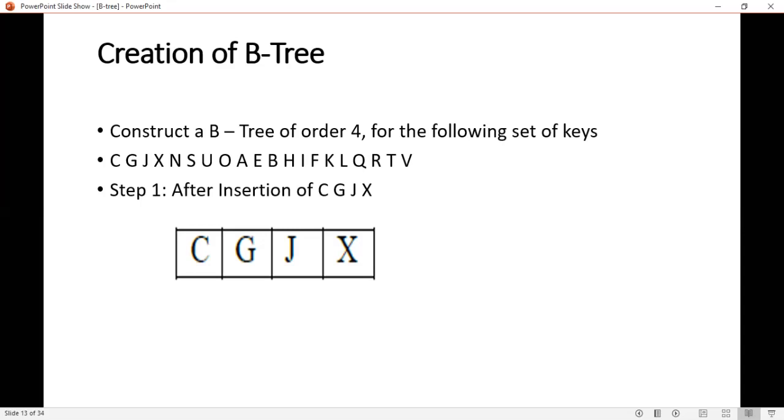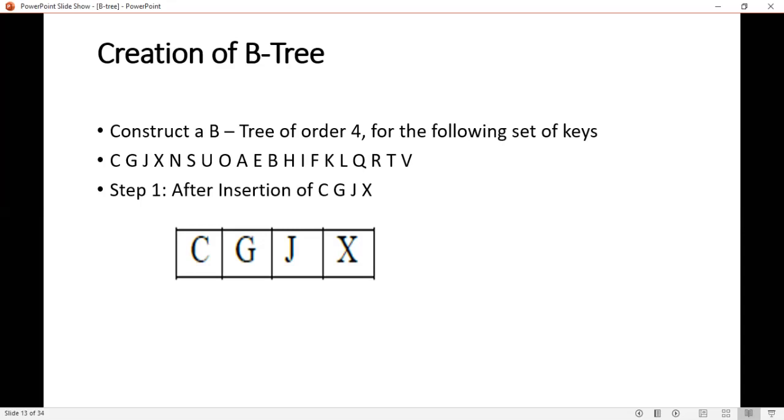Now see the problem of creation of a B tree. Construct a B tree of order 4 for the following set of keys: C G J X N S U O A E B H I F K L Q R T V.